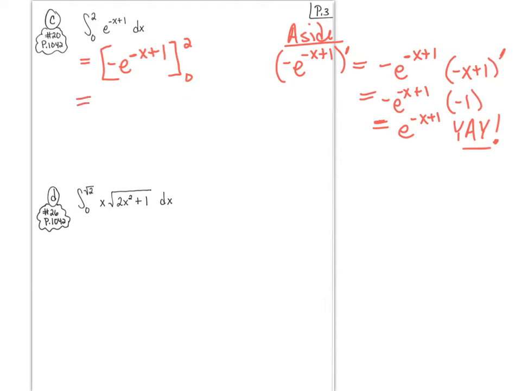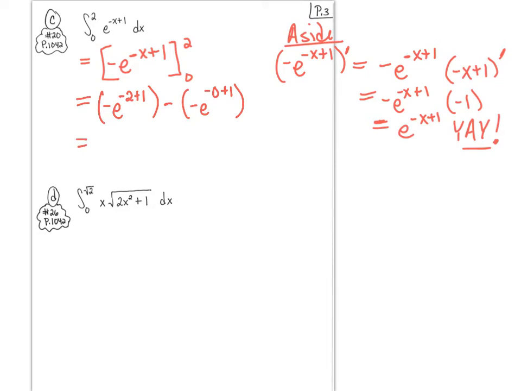Okay? So this is equal to, now we substitute in 2, and we have negative e to the negative 2 plus 1, minus negative e to the negative 0 plus 1.